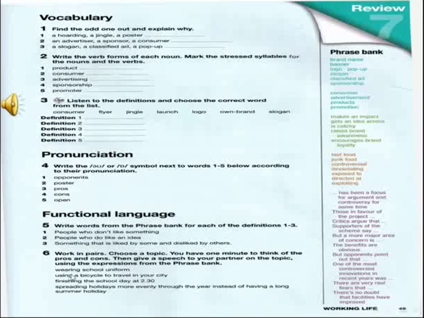One of these topics, like what? You may choose wearing school uniform. Or using a bicycle to travel in your city. Or finishing the school day at 2:30. He means, in England, instead of staying in school until 5 o'clock. Or spreading holidays more evenly through the year instead of having a long summer holiday.